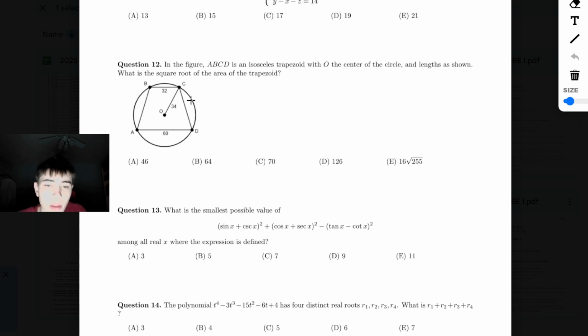Okay, so we want to find the area of ABCD. We can do that by finding a couple lengths here. First of all, how do you find the area of a trapezoid?